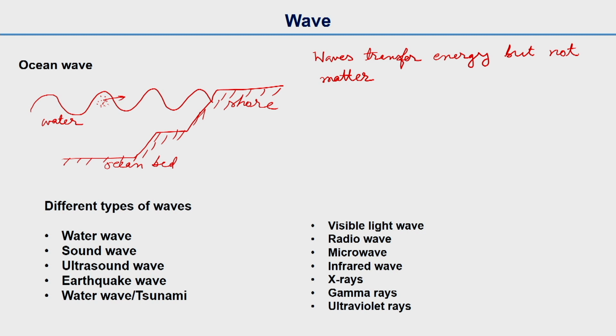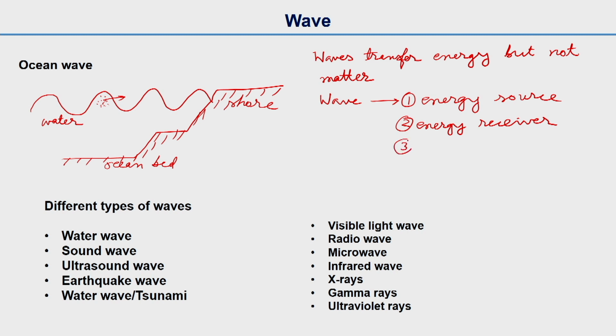Like any other energy transfer process, wave energy transfer needs, number one, an energy source, number two, an energy receiver, and number three, a medium through which the energy will be transferred.